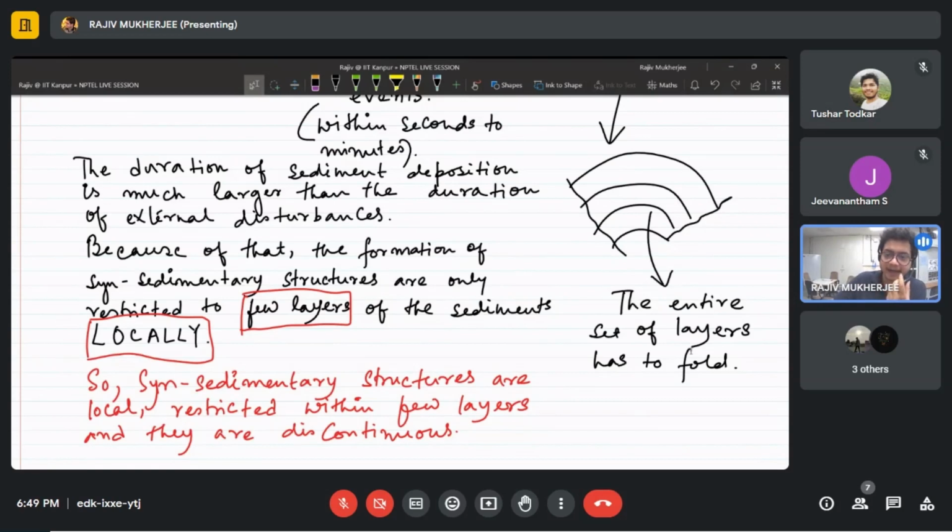If the entire packet of layers is folded regionally, then is it possible to have these local, restricted and discontinuous structures, or rather would it be homogeneously distributed continuous structures? What is the answer?